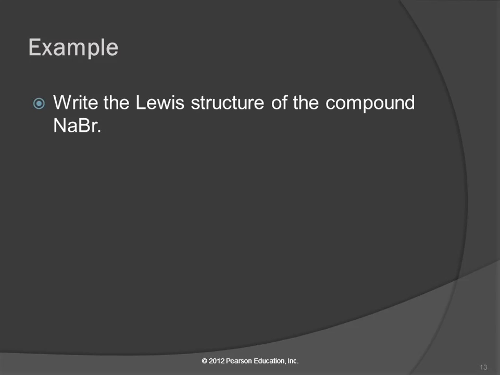Somebody's going to ask me. Write the Lewis structure of the compound NaBr. Well, there's different ways to do this. There's Na, and here's Br. Let's think of it in terms of the atoms first. So how many valence electrons does sodium have? 1. It's got 1 because it's in group 1A.